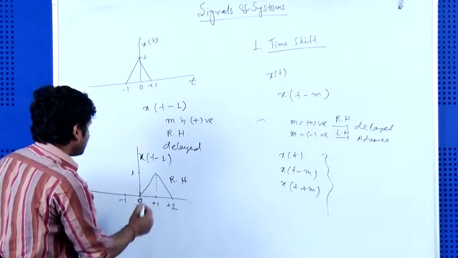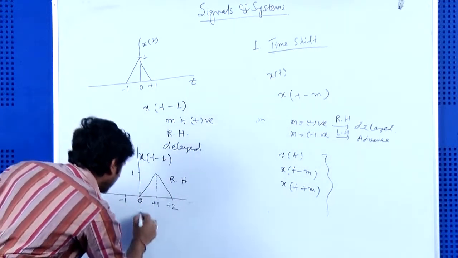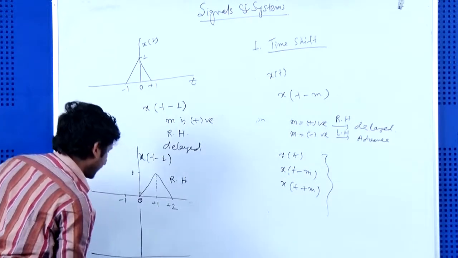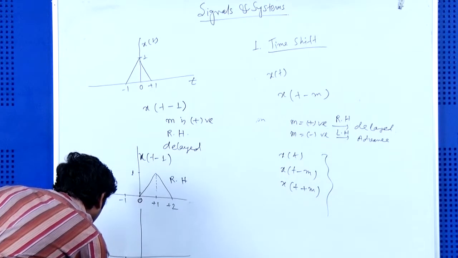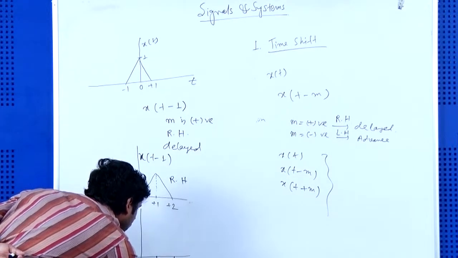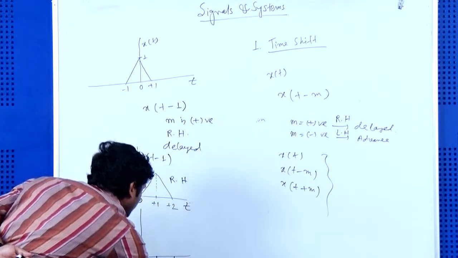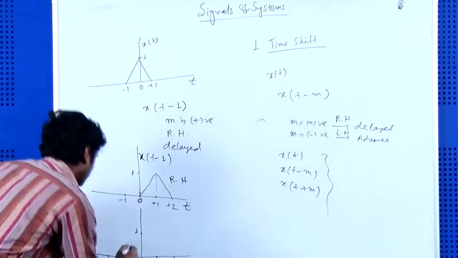Now, if you consider m as negative, then what will happen? If m is negative, so it is 0, minus 1, minus 2, plus 1, plus 2, this is the t axis, this value is equal to 1.